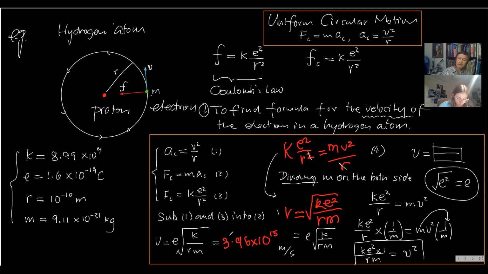How come you got this huge number? Double check our formula: k e square over r, and divided by m. Can you double check your result? It's very fast, but should not be that fast.